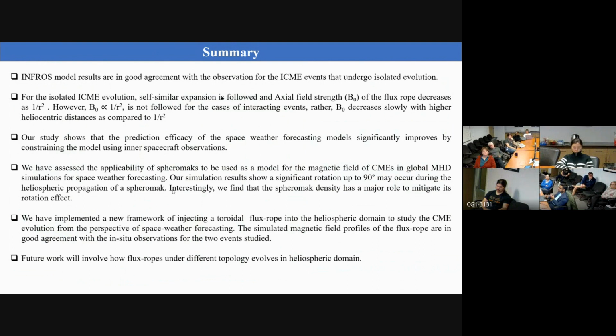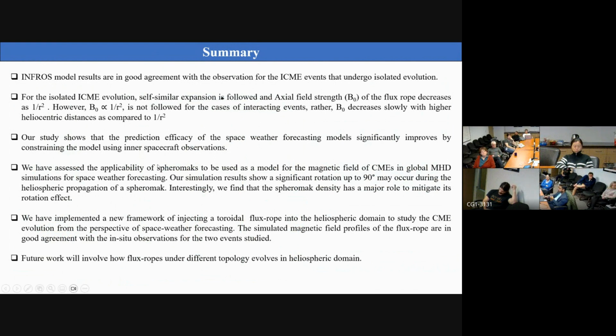We have also seen that for self-similar expansion cases, B naught, the axial magnetic field, follows 1/r squared, but this is not valid for other cases where the CME is not allowed self-similar expansion due to interaction with high-speed streams.